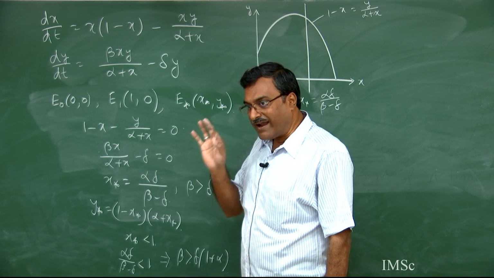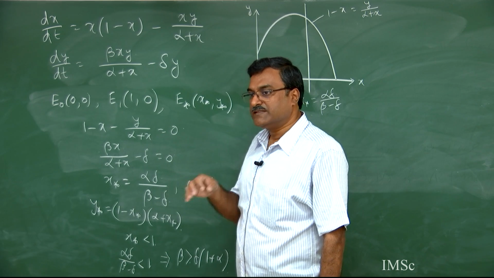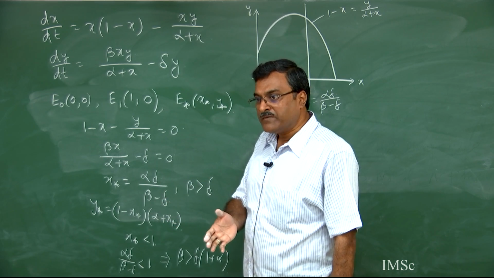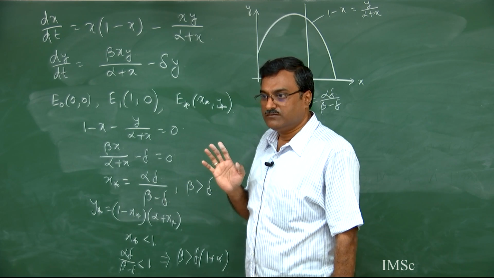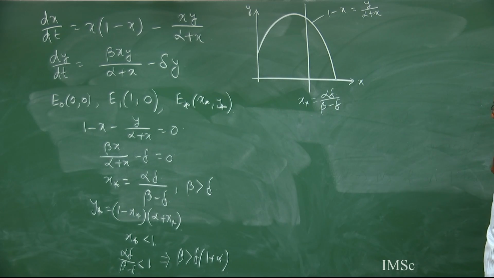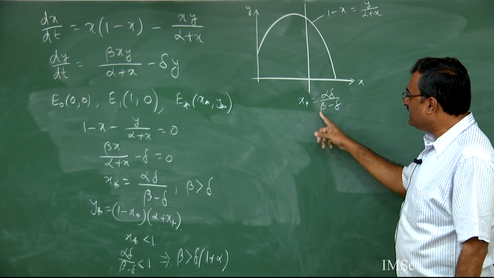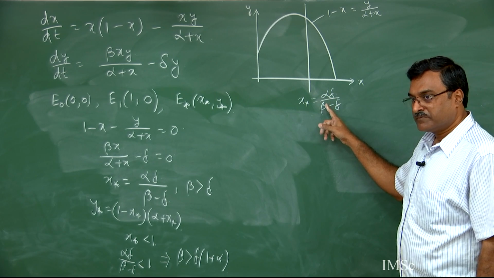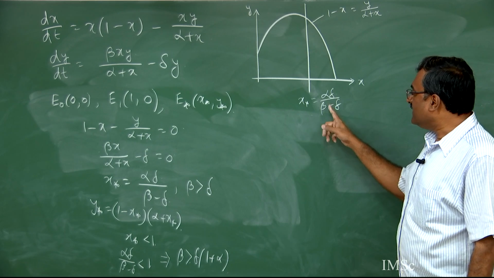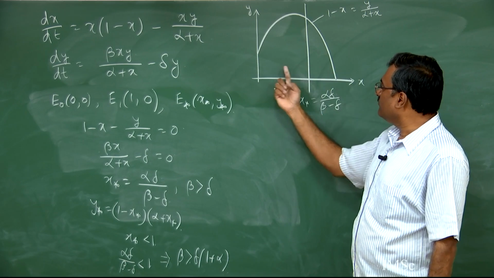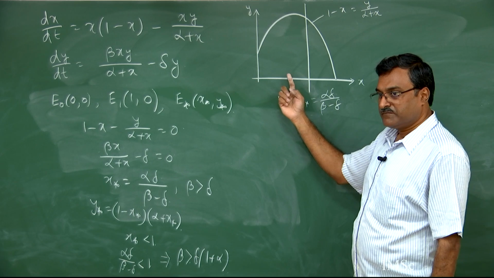parameter which will be varied in order to check the change in stability property of the equilibrium, as well as the existence of the equilibrium point. Now you can clearly understand that for this purpose beta is the most suitable choice. Why? Because if you change beta, only the position of the line will change, right?